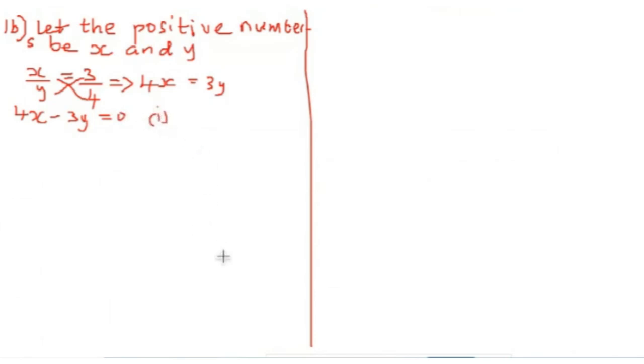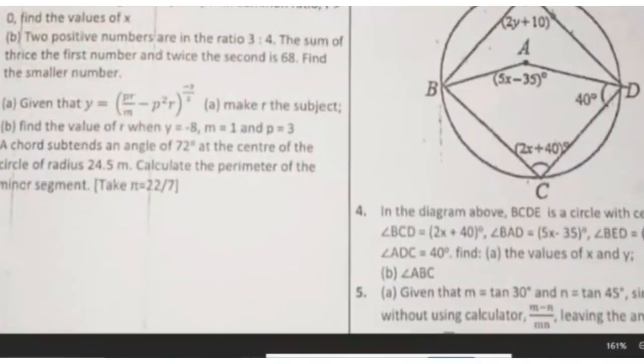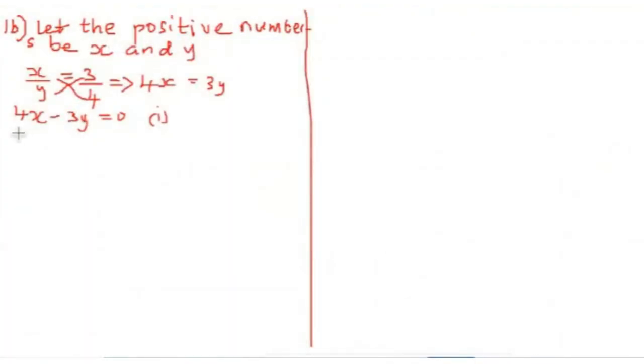Now let's read carefully. The question clearly tells us that the sum of thrice the first number, x is the first number, and twice the second is 68. So basically, the same thing as saying 3x plus 2y is equal to 68.